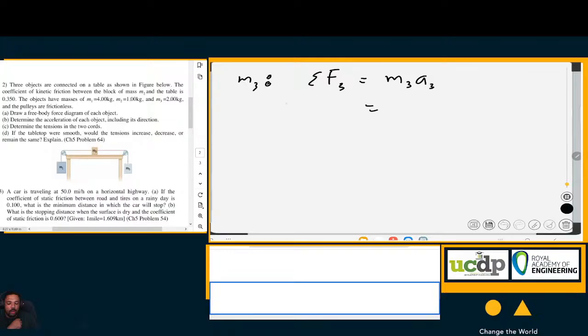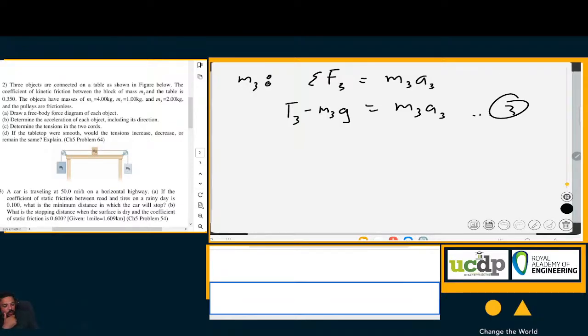Those forces acting on block 3 are the tension, which is going upwards, minus its weight, m3 g, and that is m3 times the acceleration of block number 3. Putting all of this together, this is equation number 3. We now have 3 simultaneous equations, and we need to work them out.